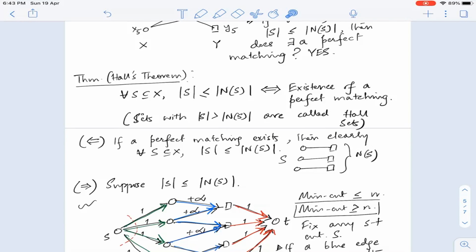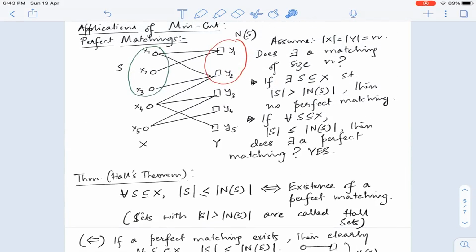And what is this condition? If I look at any subset S of vertices on the X side, and I look at the neighborhood of that set, then the size of S has to be at most the size of the neighborhood set. So if there exists a subset S on the X side whose size is greater than the size of its neighborhood, then a perfect matching cannot exist, which is indeed the case in this picture.